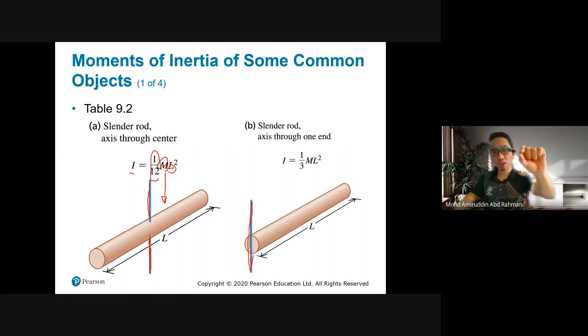So when the axis is at the edge of this pen, the moment of inertia is 1/3 m l squared, which is much bigger than this one. If you convert this to twelfths, this is 1/12 and this is 4/12. So it is actually 4 times bigger.